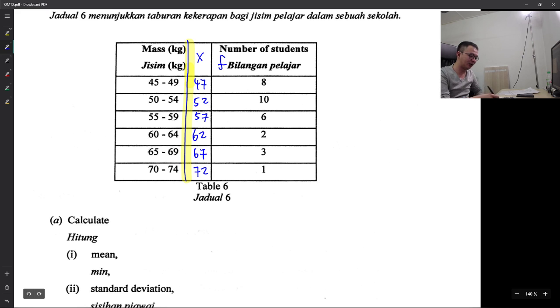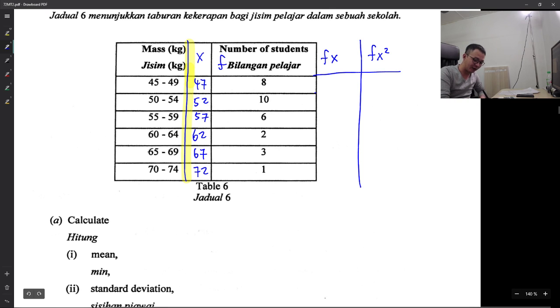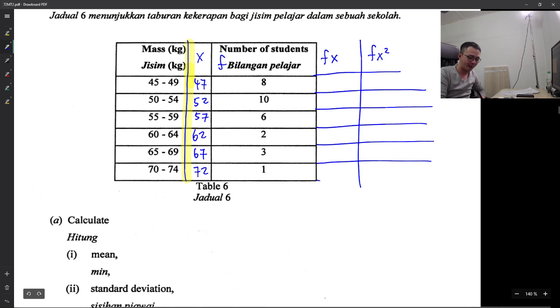Since I want to do mean and standard deviation, I need fx, and at the same time I will need fx squared. So I will find all these values. fx is f times x. I will use the calculator. 47 times 8, 376. And then fx squared will be fx times x again. So it will be 376 multiplied by 47.